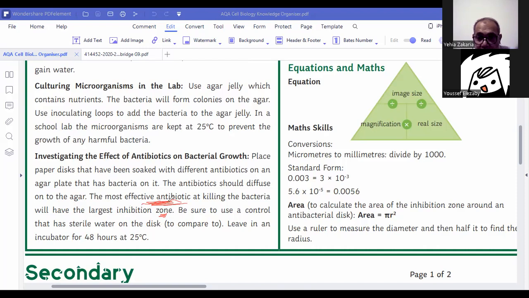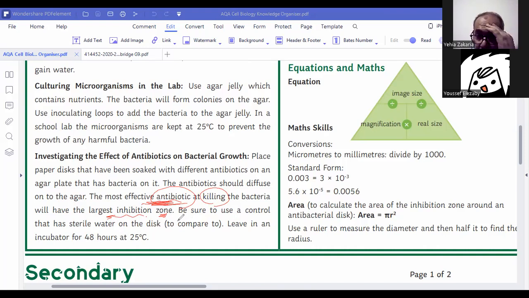So the antibiotic can kill the bacteria and inhibit its growth. When you put the antibiotic onto the bacteria, it will kill as much as it can, and then it will stop, right? Okay. Good.